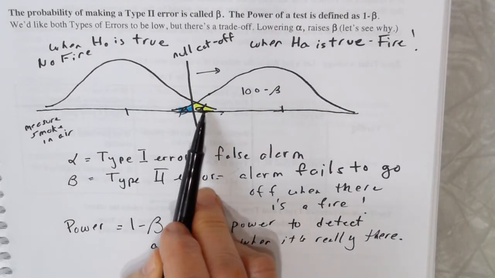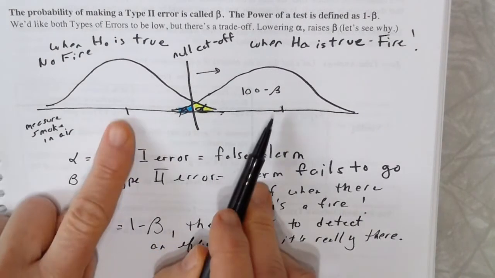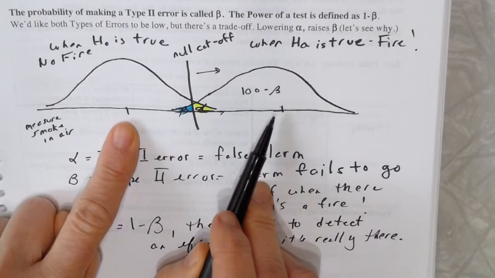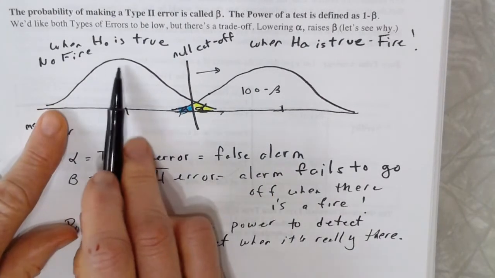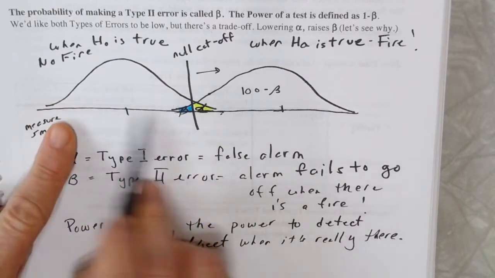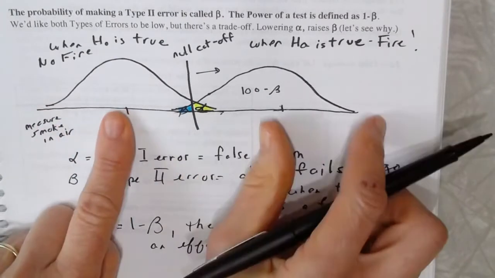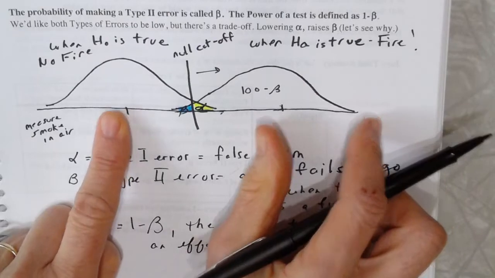Well, one way that we could do it would be to build a better detection system that would separate out these two curves more.